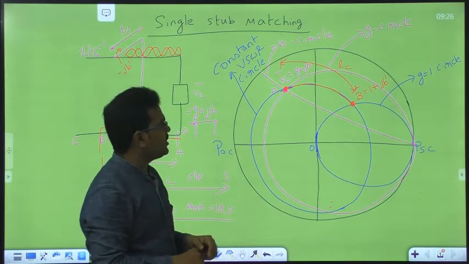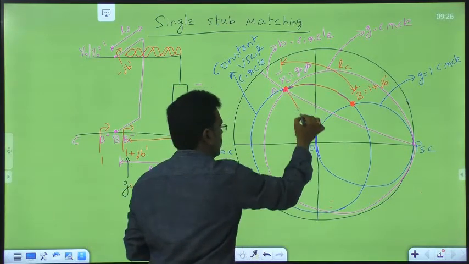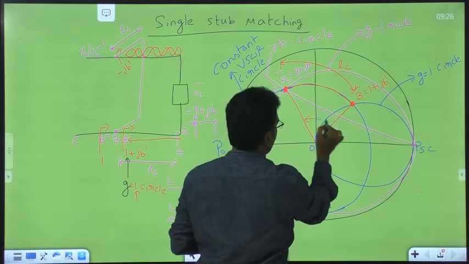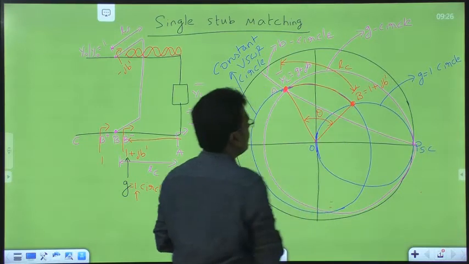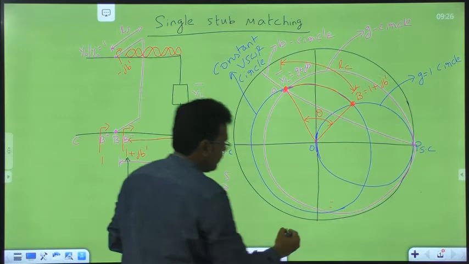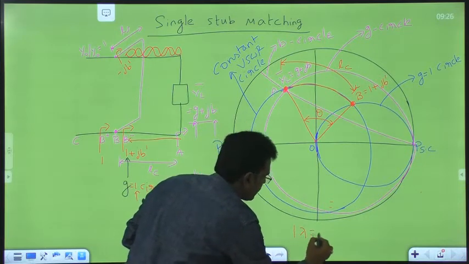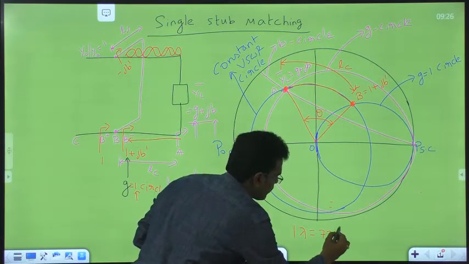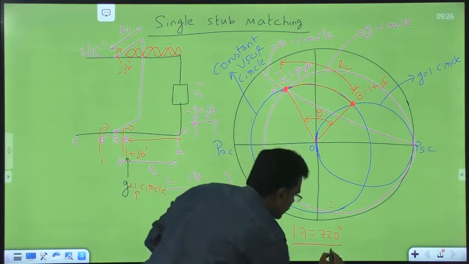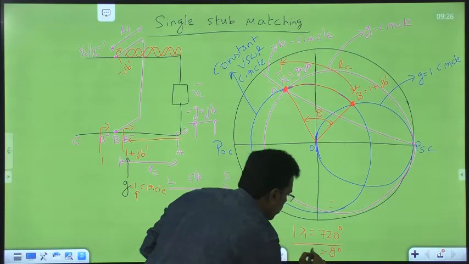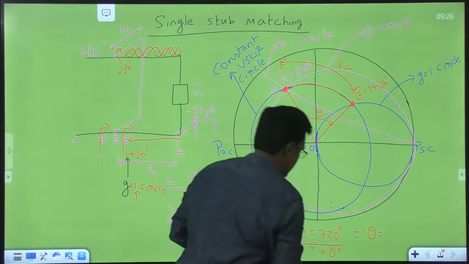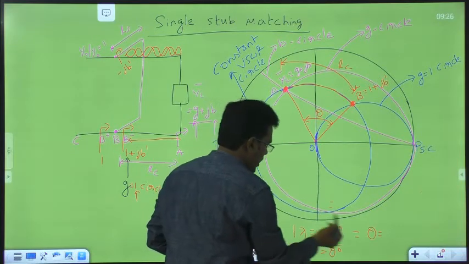So generally how to measure this: use a protractor and measure the angle between A and B. Okay, we know how to convert degrees to lambdas. 1 lambda is equal to 720 degrees. Right? So for theta degrees, how many lambdas? For theta degrees, it is theta into 1 lambda by 720.